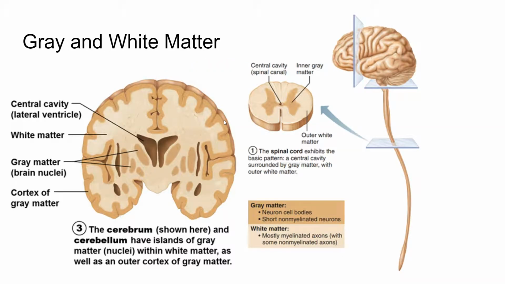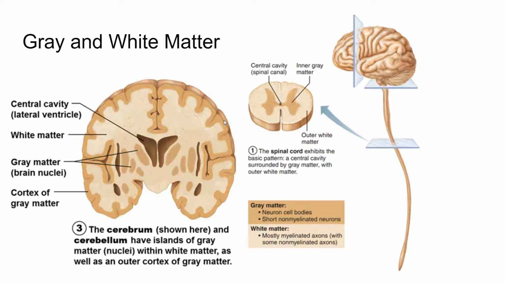There are 2 divisions, I guess, of the nervous tissue in the brain and spinal cord. They're called gray and white matter. The gray matter is short, non-myelinated neurons. What do we mean by these words? Short, you get that one.